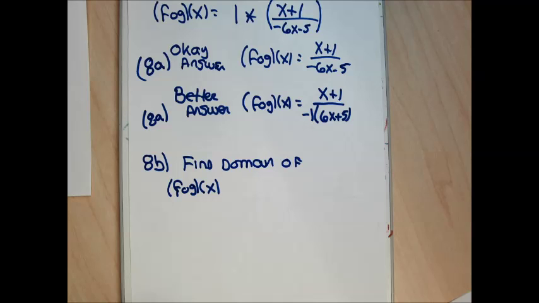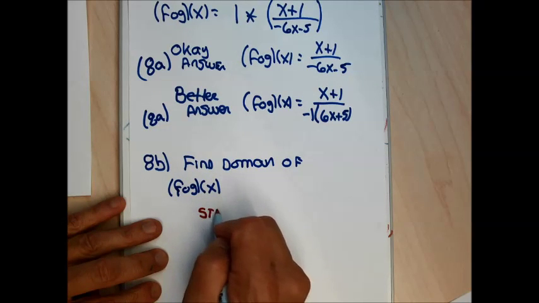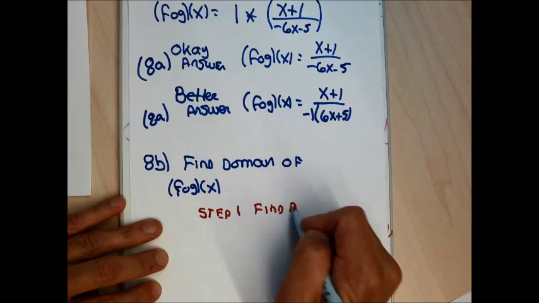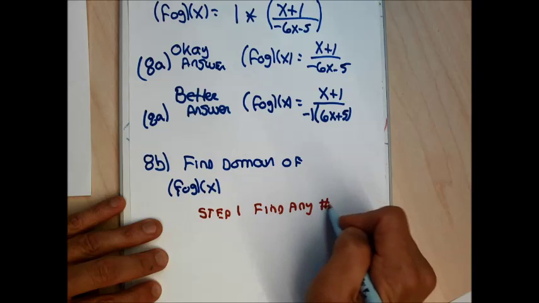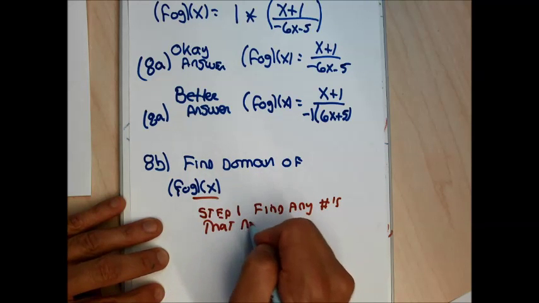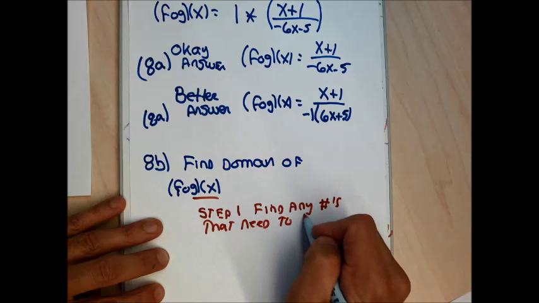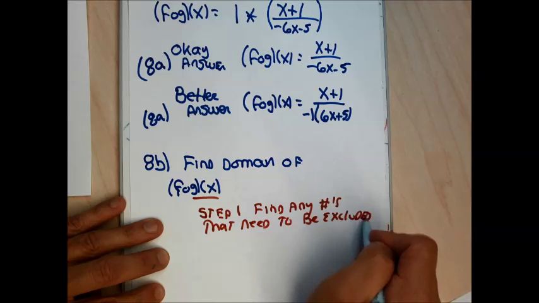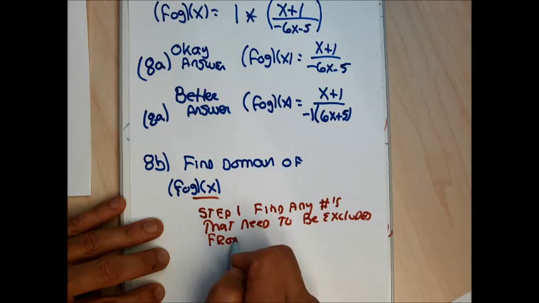To find the domain of f composed with g of x, step 1, find any numbers that need to be excluded from the function that's written second in the original problem.